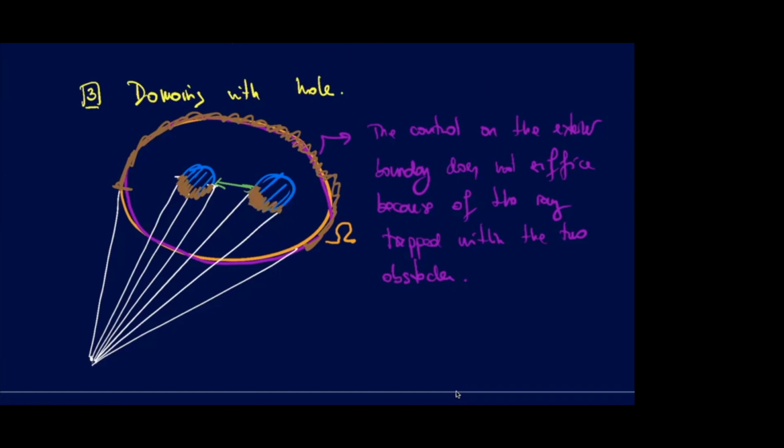And then if you do carefully the computation, you will see that precisely when I do the multiplier technique, the multiplier tells me that there is control on the exterior arc of the boundary, but also on a piece of this boundary and a piece of this boundary, which guarantees that in case there is any trapped ray, as in this example, this ray is either on this brown side or on this brown side, depending on whether the center of gravity was to the left or to the right. But definitely this ray will be observed, right?